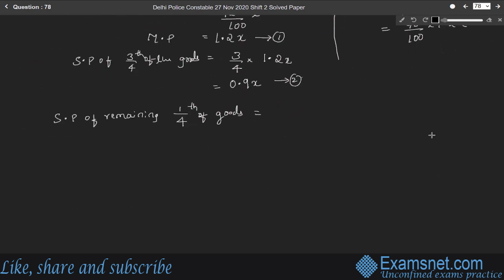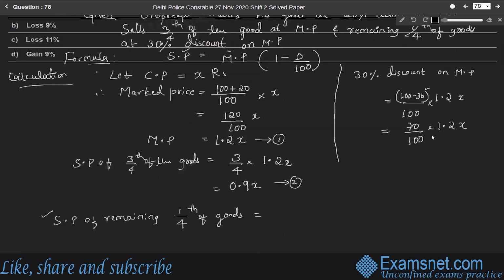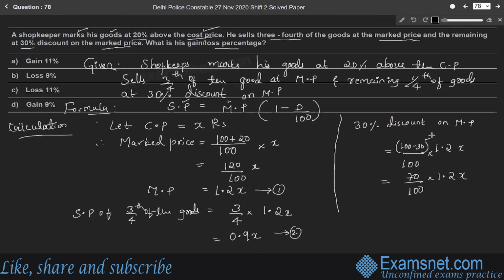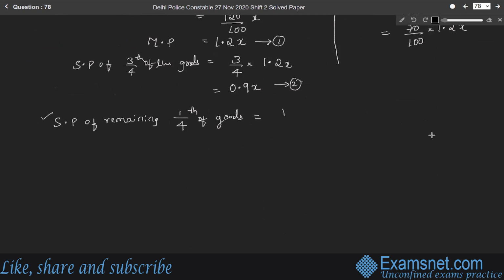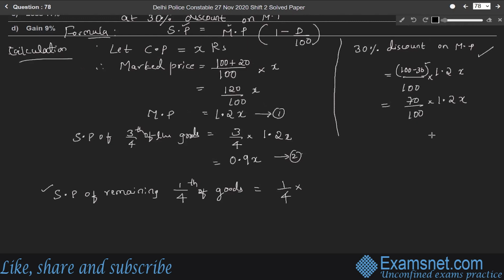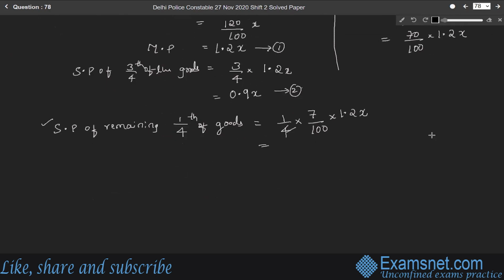Our next step: selling price of remaining 1/4 of goods. According to the question, the remaining 1/4 of the goods is sold at 30% discount on the market price. Therefore, it is 1/4 into 70 by 100 into 1.2X. Understood? We can simplify this: 1/4 of 1.2X is 0.3X, and after simplification it is equal to 0.21X.